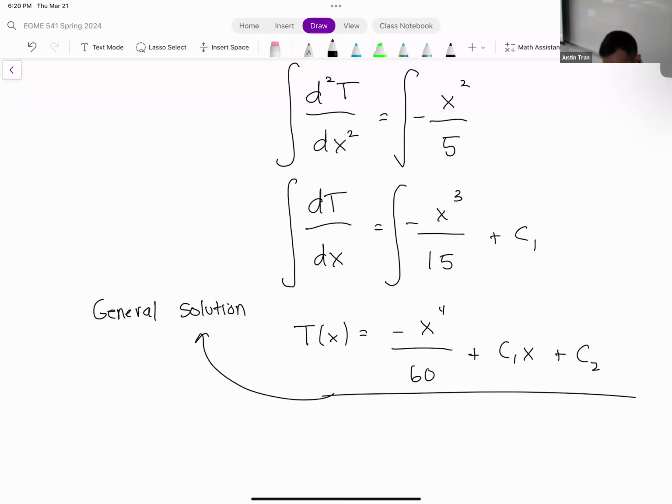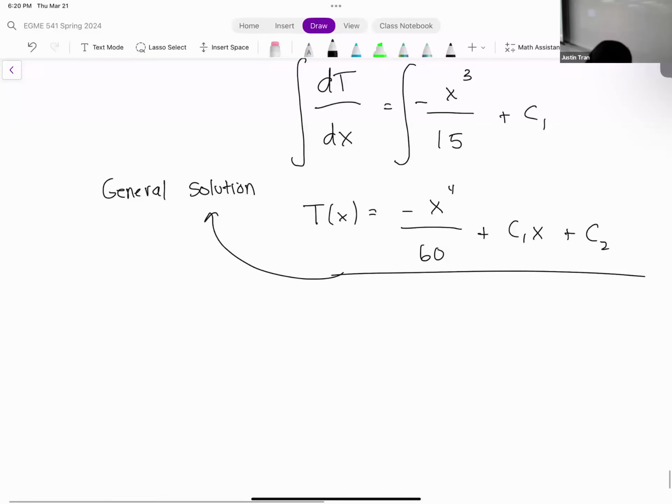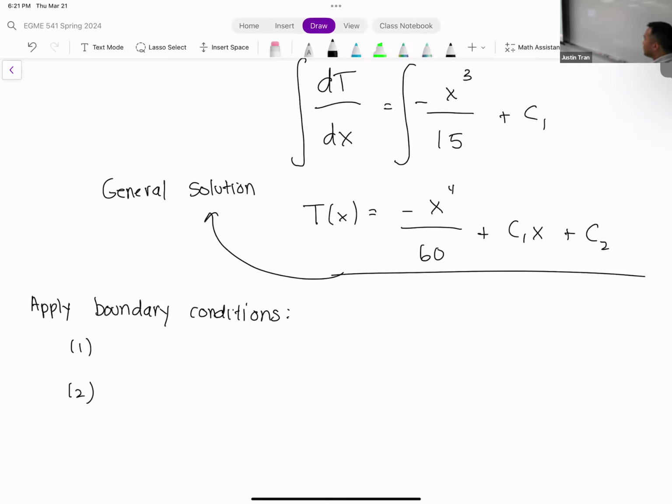Okay, so let's apply boundary conditions to this now. So we have 2 boundary conditions in this case. So we have the boundary condition at x is equal to 0. Okay.